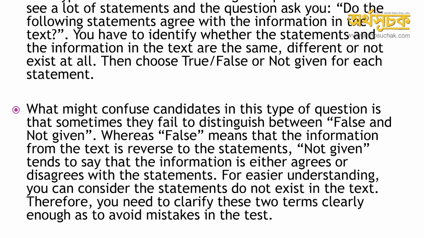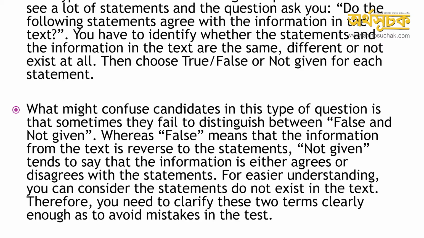For easier understanding, আরো ভালো করে বোঝার জন্য you can consider the statements do not exist in the text. আমি কনসিডার করব যে এই আনসারটা আসলে আমার এখানে দেওয়াই নেই। যখন দেওয়াই নেই তার মানে ওটা ফলস হতে পারে না, সেটা অবশ্যই নট গিভেন হবে. Therefore you need to clarify these two terms clearly enough as to avoid mistakes in the test. তার মানে আমাকে কম্প্রিহেনশনটা খুব ভালোভাবে বুঝতে হবে to answer false and not given.